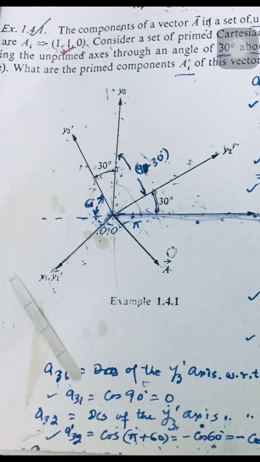Consider a set of primed Cartesian axes. We are given the unprimed Cartesian components and we want to know the primed Cartesian axis components. The condition is that the primed axes are obtained by rotating the unprimed axes through an angle of 30 degrees about the y1 axis.